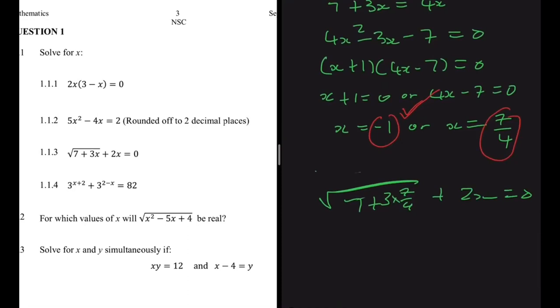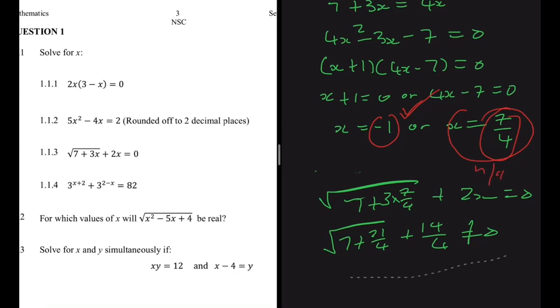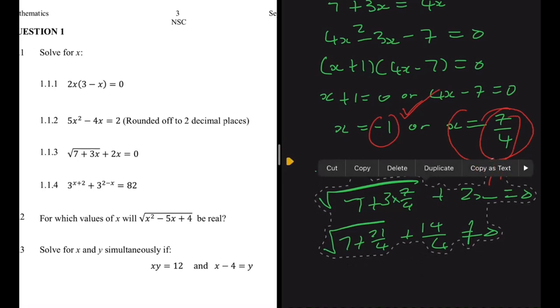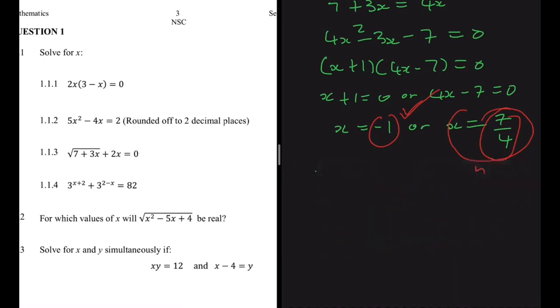Already you can see that this will not be equal to 0, because here we're gonna get 7 plus 7, 14, 21 divided by 4, plus 14 divided by 4 is equal to 0, and this is clearly not equal to 0, right? So this solution here falls apart, so it's not applicable. And then there's actually a mark for rejecting that other solution. And then let's move forward.